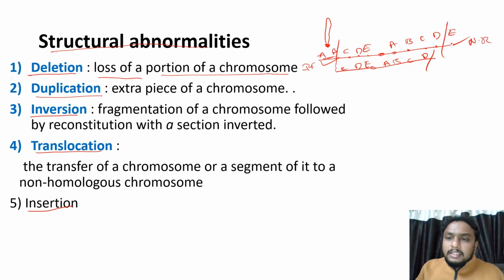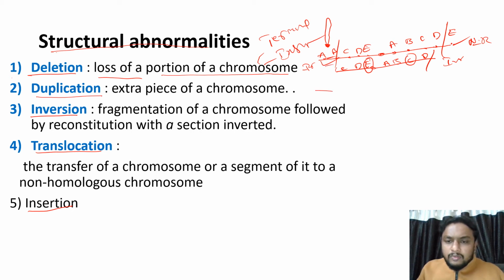That is called terminal deletion. Or if something is missing in the center, that is called interstitial deletion. Two types will be there: terminal deletion and interstitial deletion. A part of the chromosome missing is called deletion.